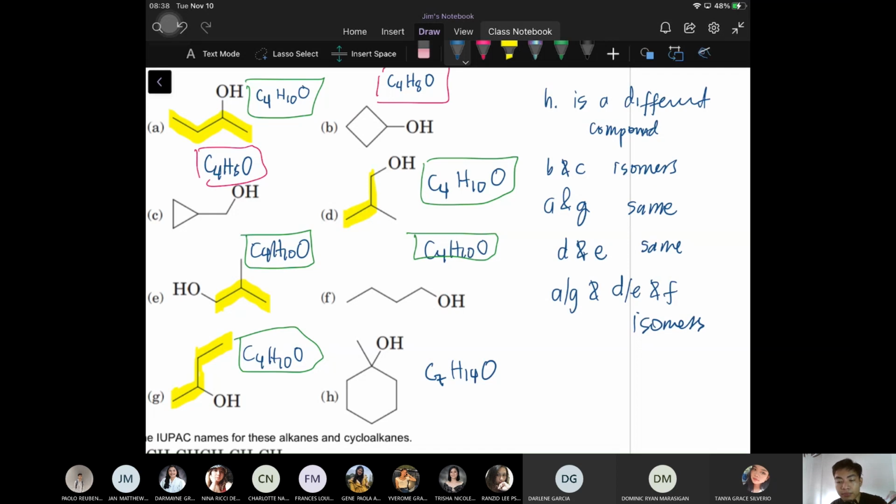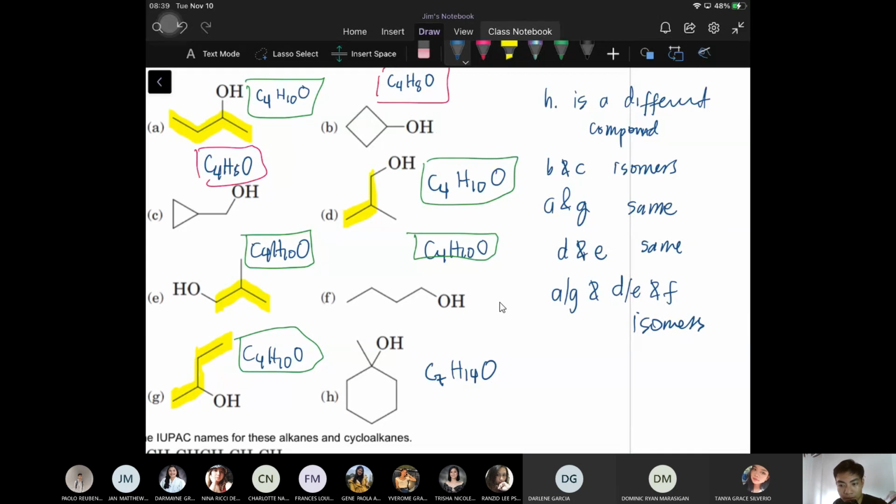If we're going to name them, which we will do in the future, yung A and G ay 2-butanol ang kanyang pangalan. Ang D and E ay 2-methylpropanol ang kanyang pangalan. At ang F ay butanol, 1-butanol. So, yun yung kanilang pangalan.